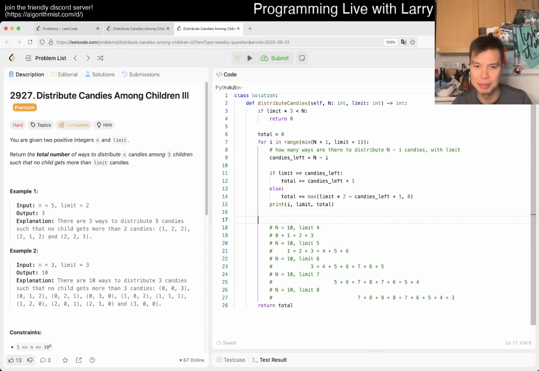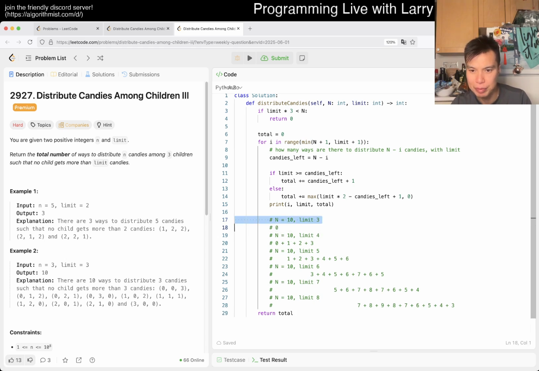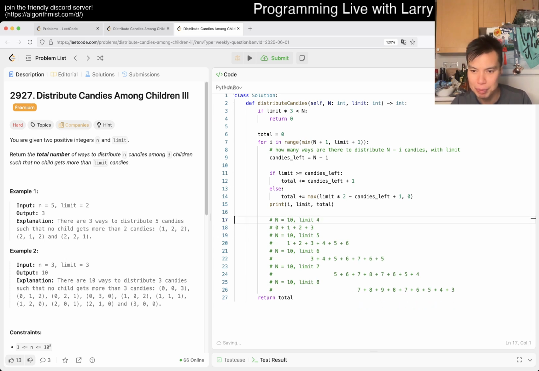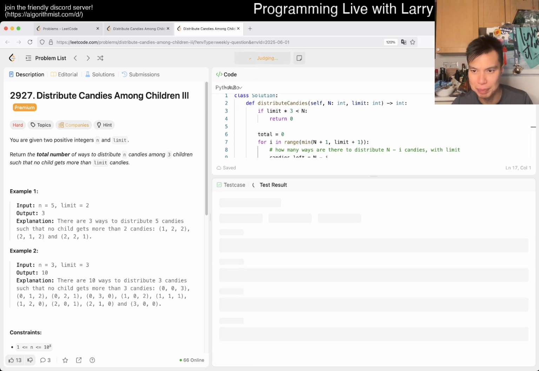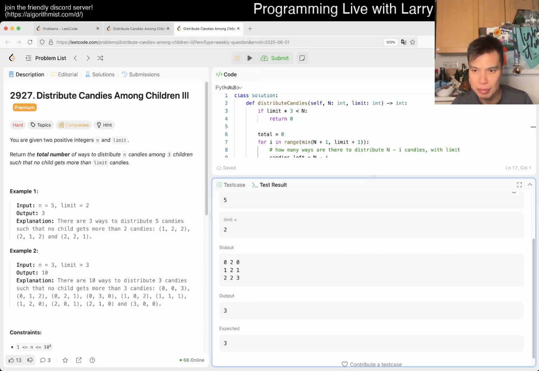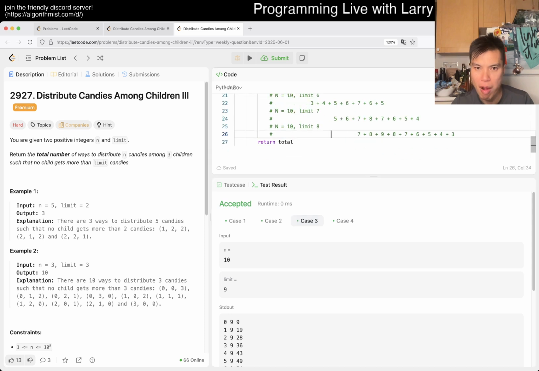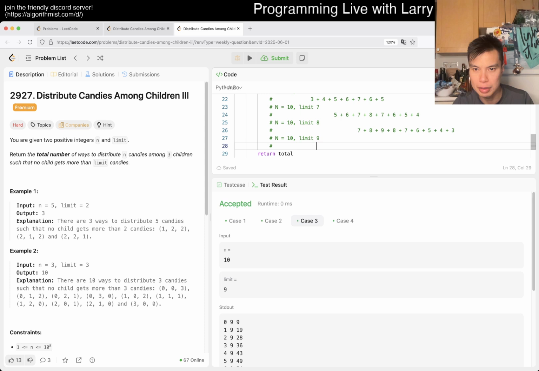And you could even do N is 10, limit 3 is just 0, right? And also beyond that, I guess for completion we could do 10, 9 for science, and 10, 10. So you have 9 plus 10 plus 9, so that kind of fits our theory.